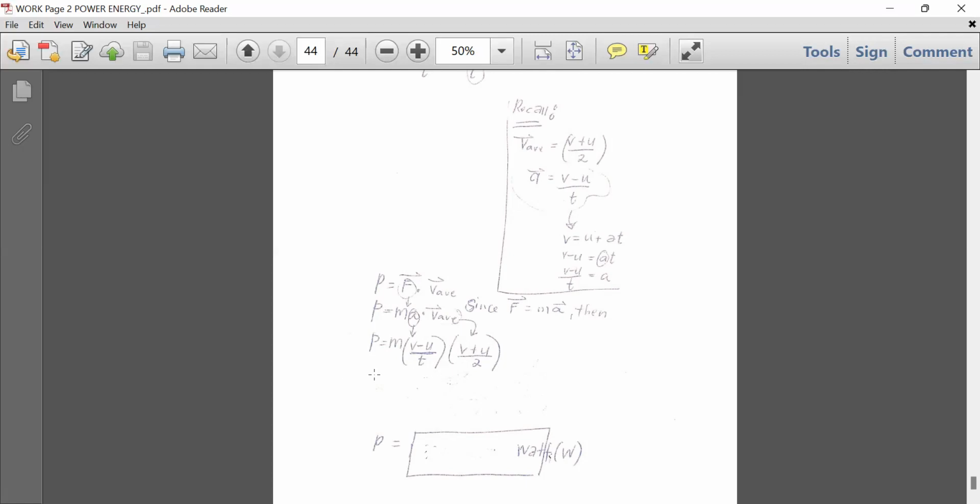So our new formula is P is equal to mass times V squared minus U squared, all over 2 times time.